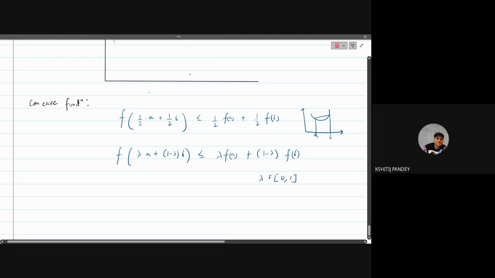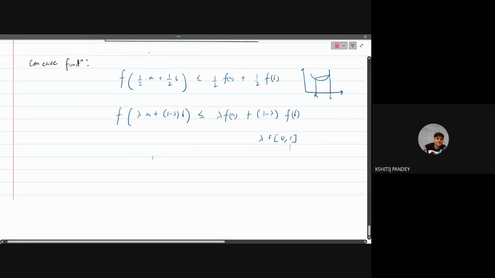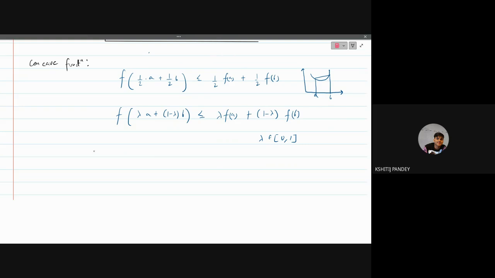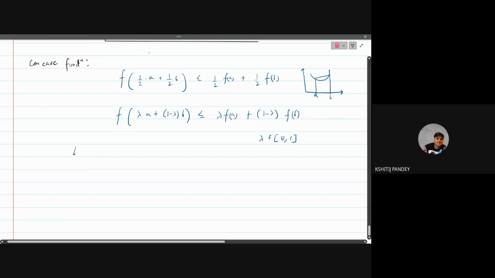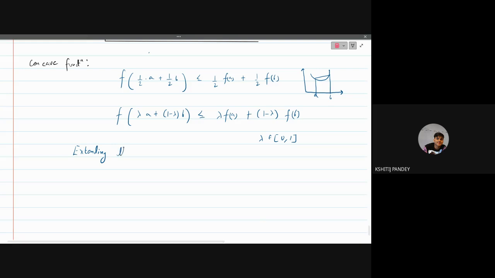We can extend this idea to higher dimension, and this becomes, extending the idea, f of lambda 1 a1 plus lambda 2 a2 plus summation up to lambda k ak.